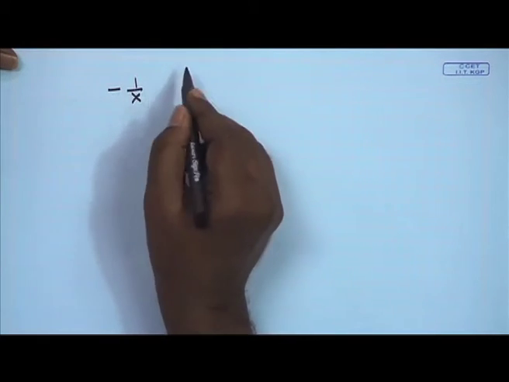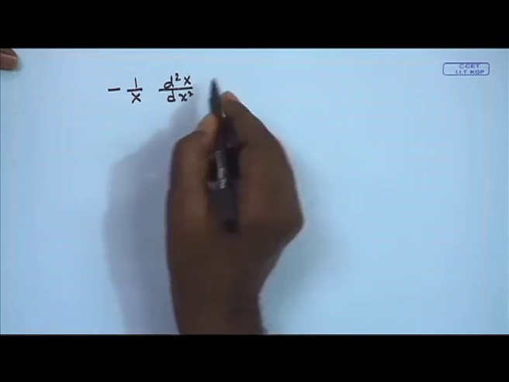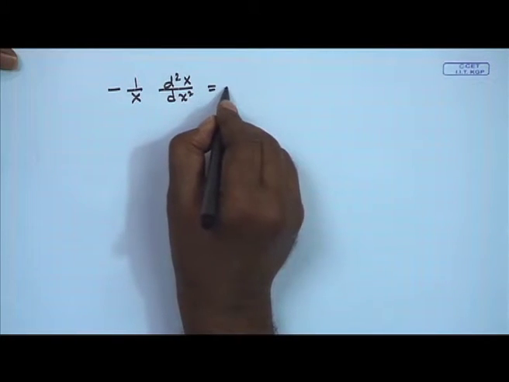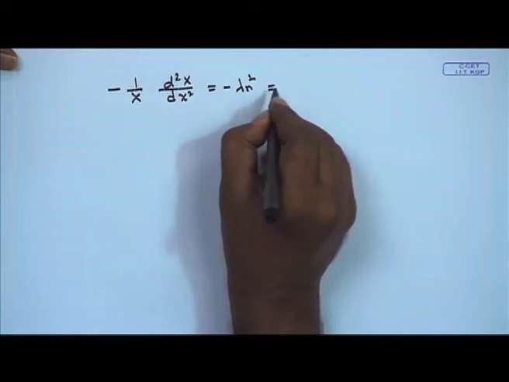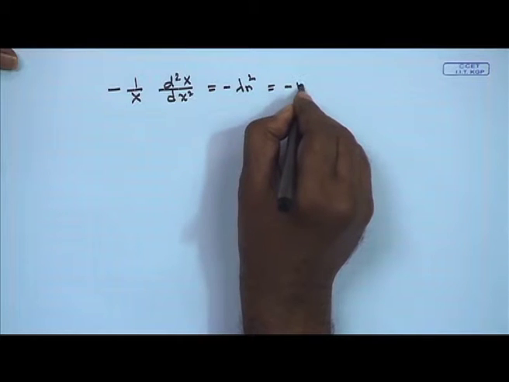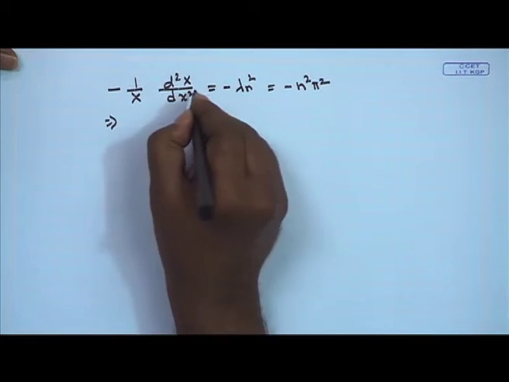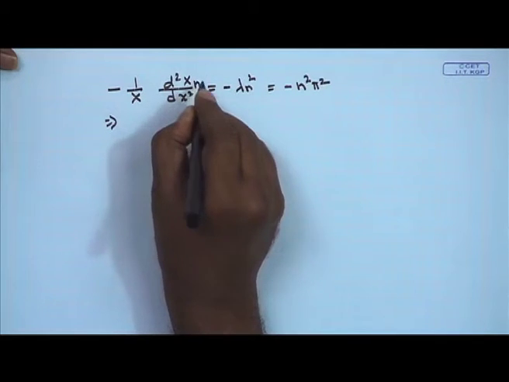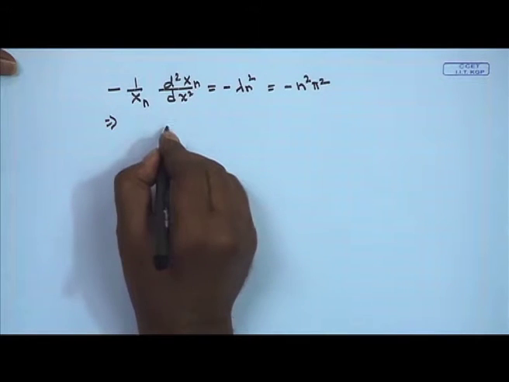1 minus 1 over x d square x dx square is equal to minus lambda n square. Since lambda n is n pi, it will be n square pi square. So, write a subscript n to denote the solution corresponding to the nth eigenvalue.